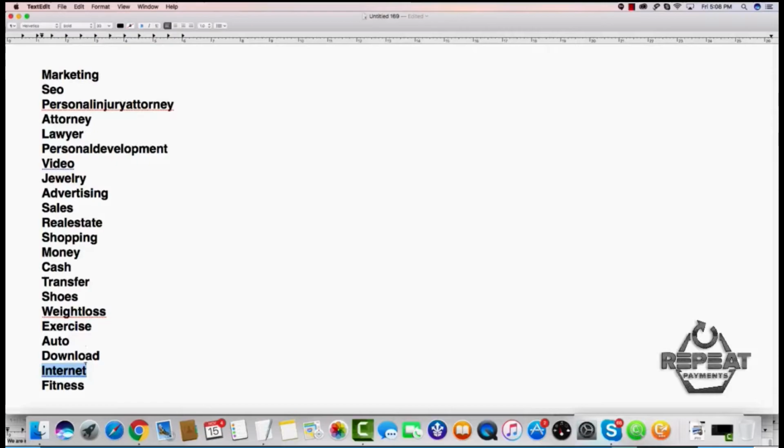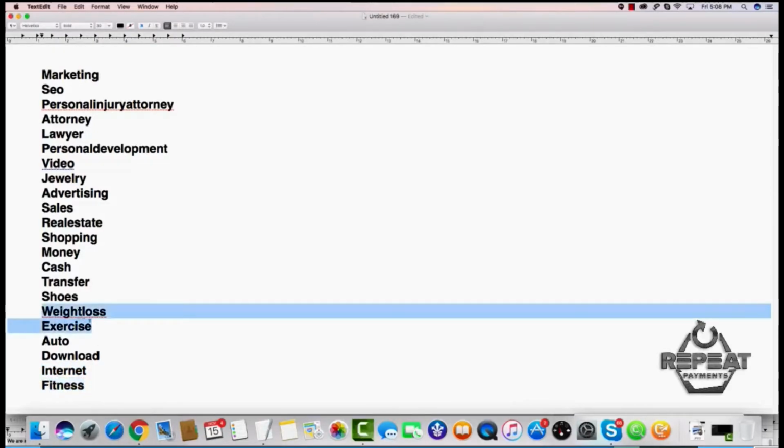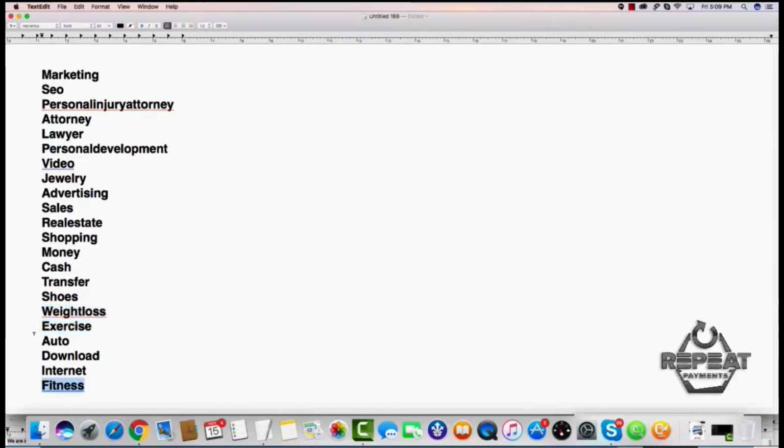And then last but not least, fitness. The reason why I separated this from weight loss and exercise is because I knew that these were going to be a discussion of supplements and CPA offers and all that good stuff. But when we talk about fitness, sometimes what people are looking for is fitness equipment, okay? Now, this whole lesson has primarily been either about recurring billing product potential or high ticket recurring potential.